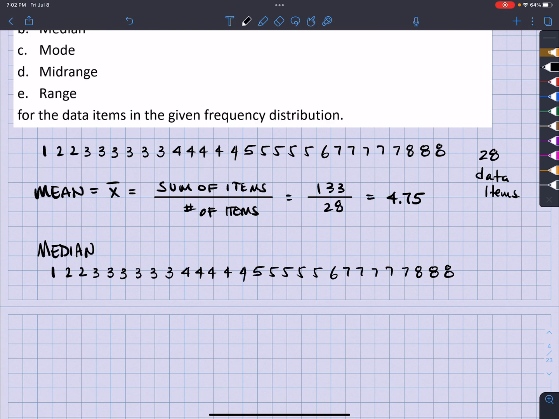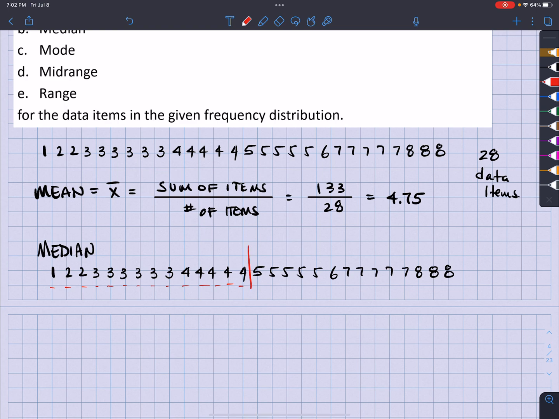So when I'm looking for median, I need everything placed in order, all right? And I want the one in the middle. Well, if I have 28 items, that means it must be in the middle. So let's take a look here. 1, 2, 3, 4, 5, 6, 7, 8, 9, 10, 11, 12, 13, 14.